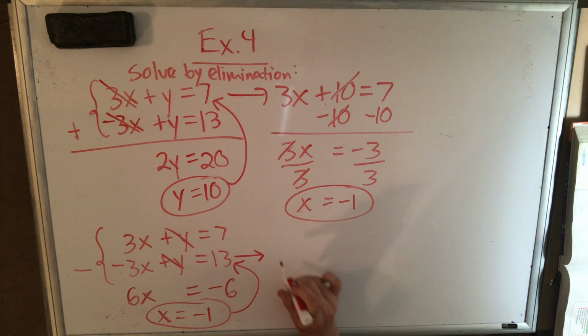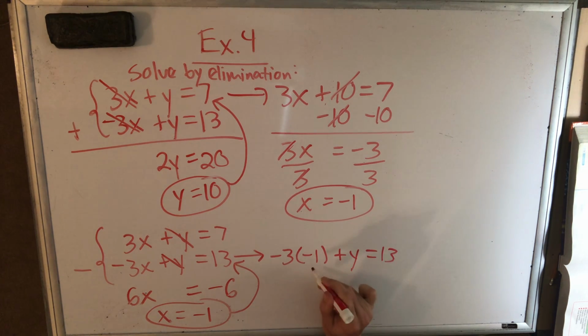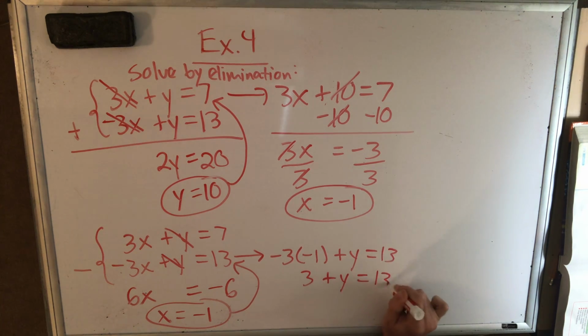Use parentheses when substituting in. That's negative 3 times negative 1 plus y equals 13. Negative 3 times negative 1 is positive 3. And then subtract 3 from each side, or just realize that y equals 10 because 3 plus 10 is 13. Notice we get the same answer as we did when we added the equations to eliminate x.